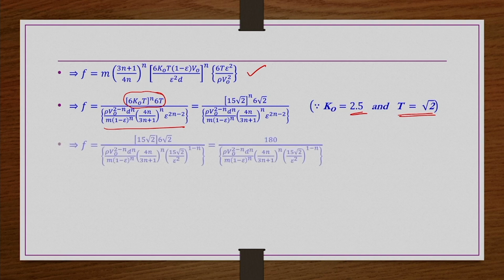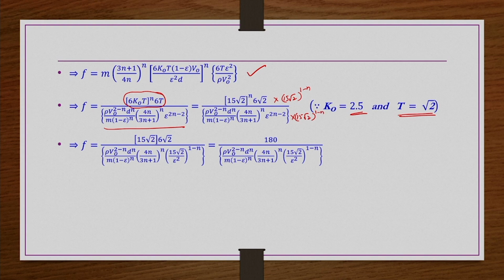Now, the next step: we are multiplying this term here. We multiply the numerator by 15 square root of 2 whole power 1 minus n, and with the same quantity we multiply the denominator as well.